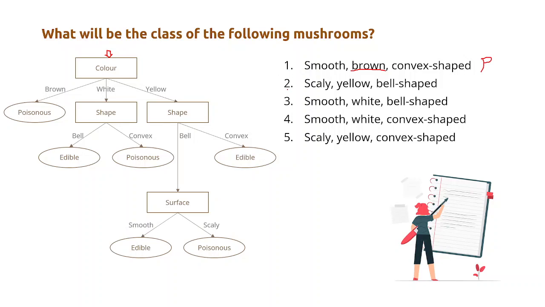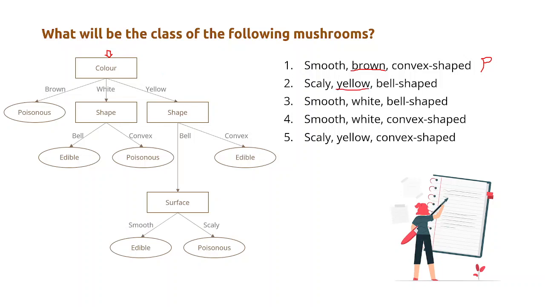Okay, next, number 2. Unsa may class sa number 2? Poisonous yapon, sir. Poisonous? Sige, let's try to trace. So ang color kay yellow.